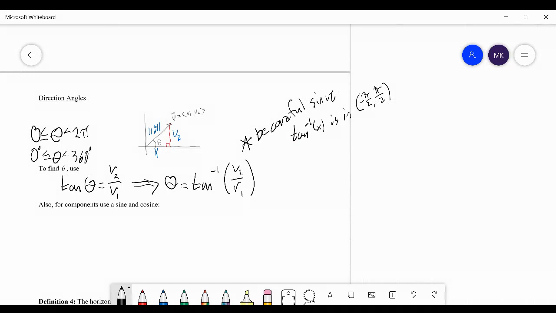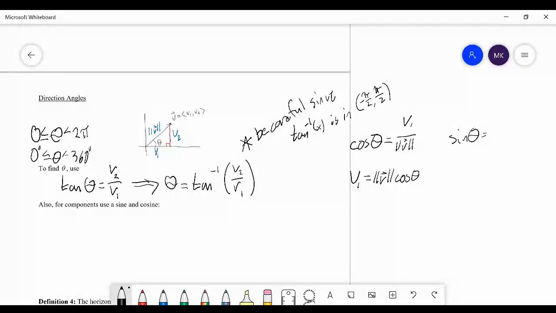We get that cosine of theta is equal to V1 over the magnitude of V, which means that V1 is simply equal to the magnitude of V times cosine theta.